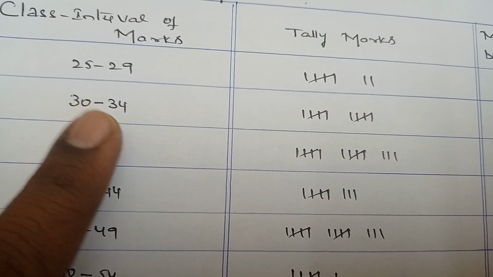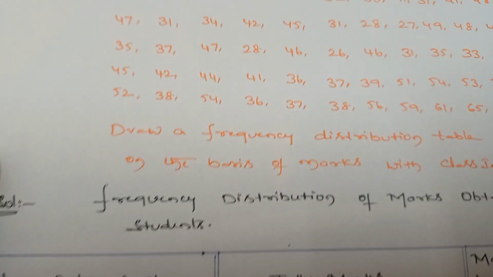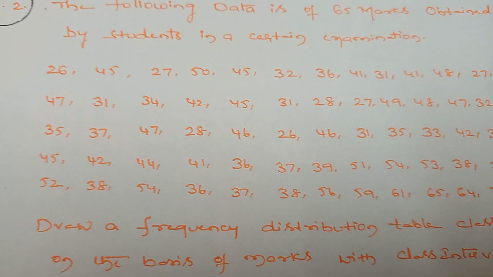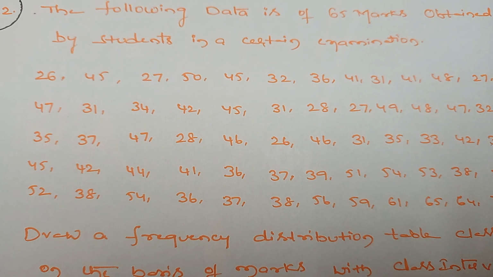Similarly, in 30 to 34 we got 10 members from the data. Similarly, in 35 to 39 we got 13 members from the data. So a total of 13 students got marks from 35 to 39.